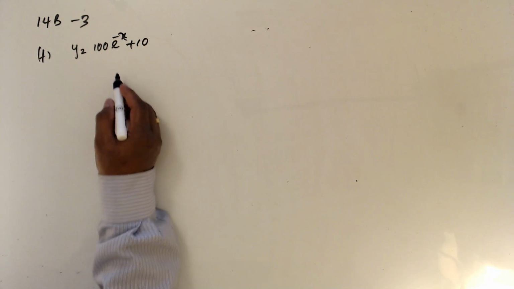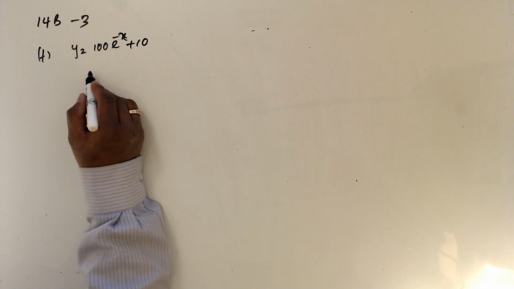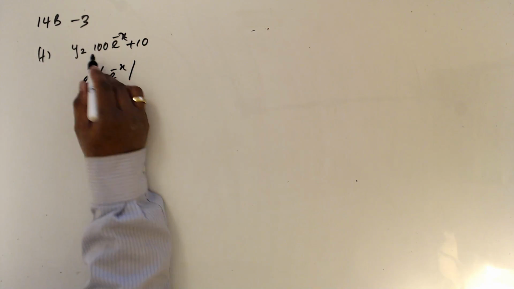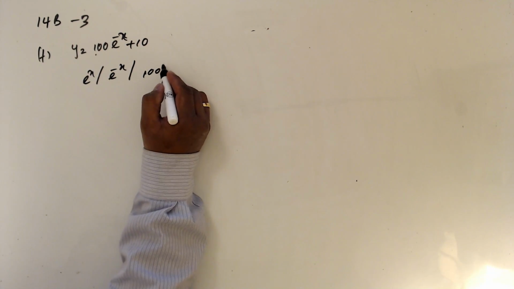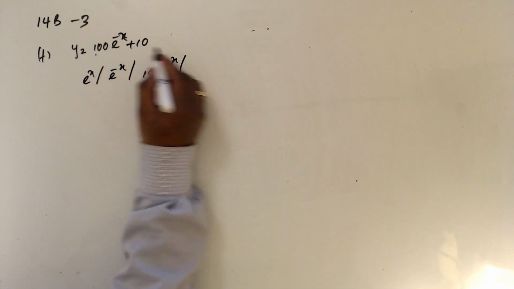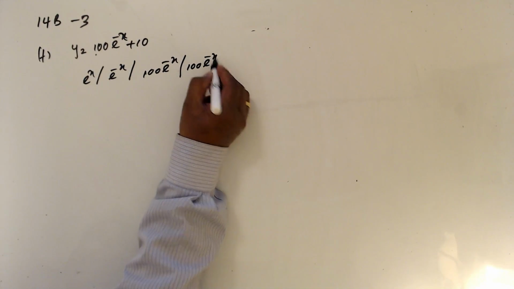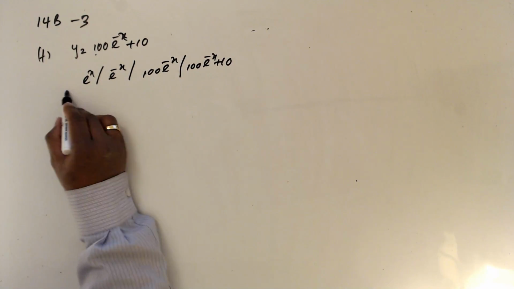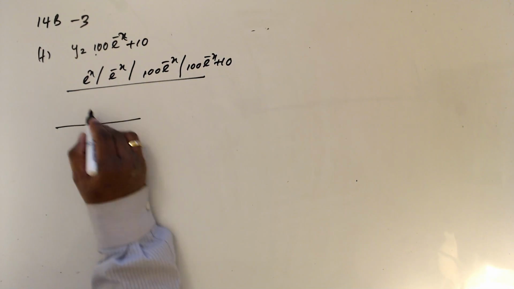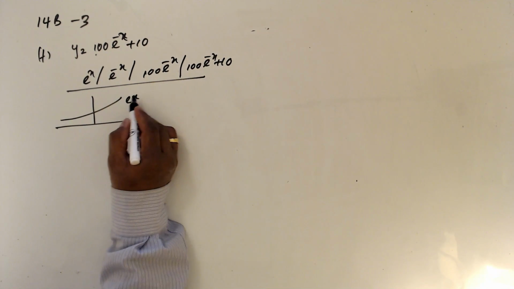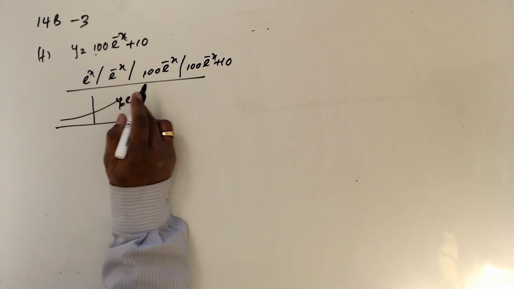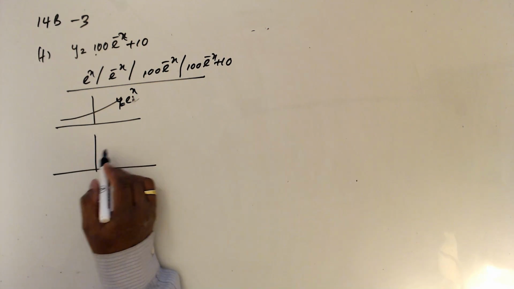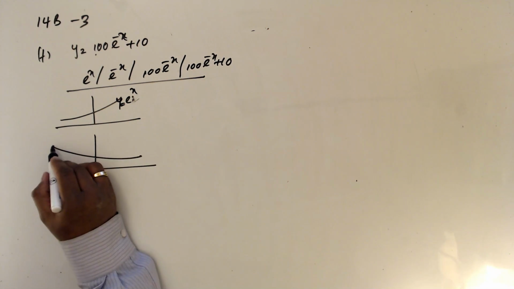For the next function, first of all we want to look at e^x, then e^(minus x), then 100 e^(minus x), then 100 e^(minus x) plus 10. So first of all e^x, this is the e^x graph, y equals e^x. Then y equals e^(minus x), the other way around.